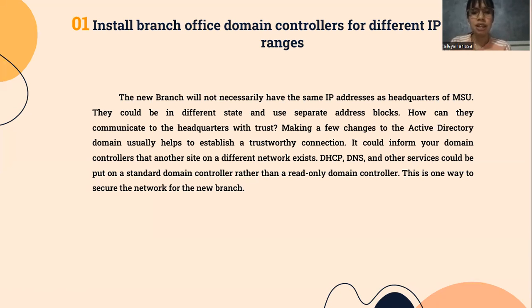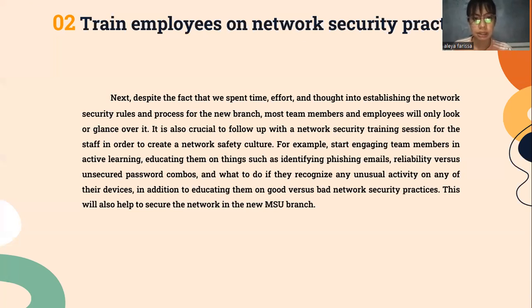Is it DHCP, DNS, and other services could be put on a standard domain controller rather than a read-only domain controller? This is one way to secure the network for the new branch. Next slide.